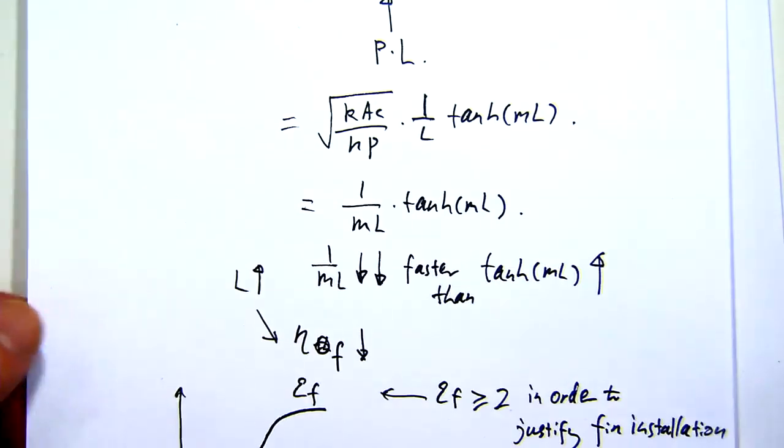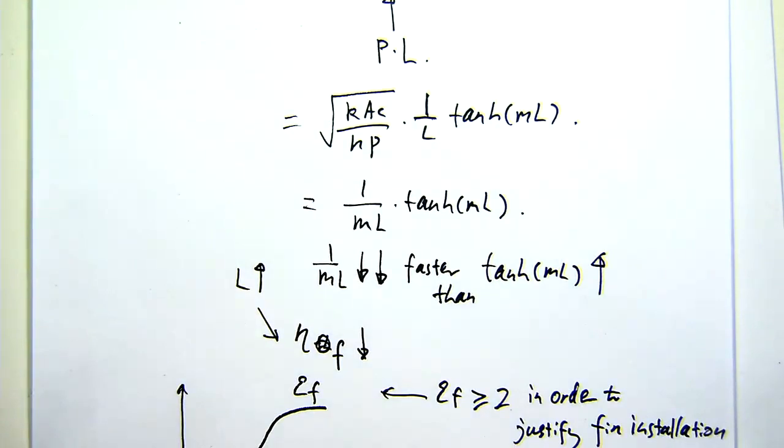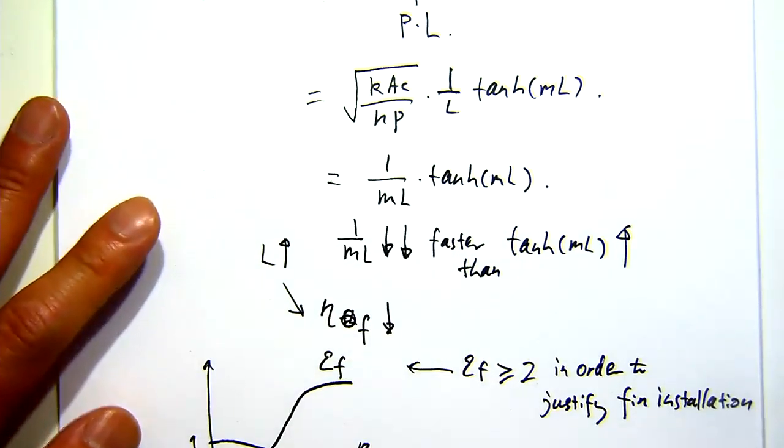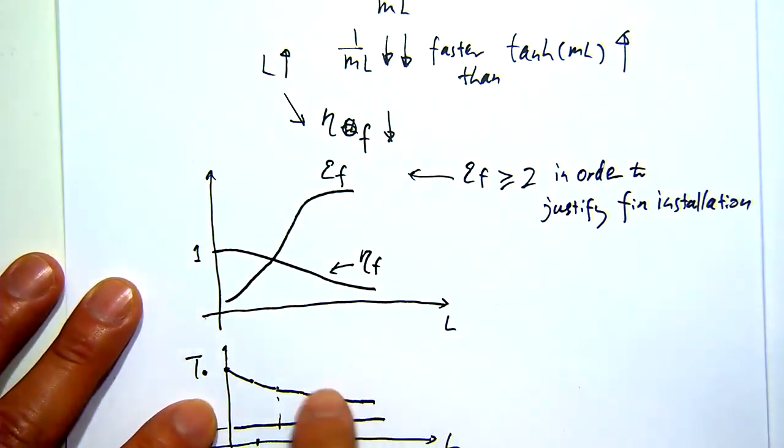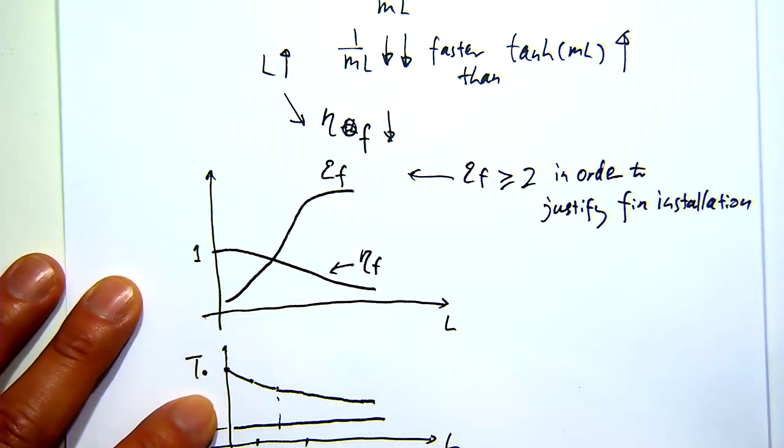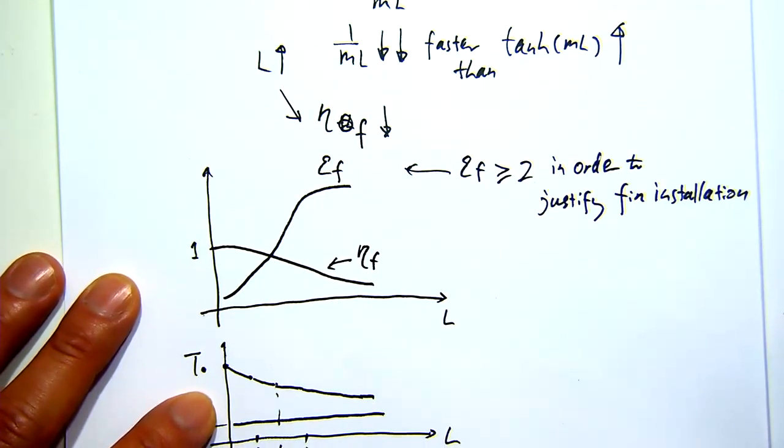One thing I shouldn't forget here is that because the fin efficiency will decrease along the length, you do not want to use a single fin, but rather you want to use multiple short fins. Right? That's actually the case that you see in reality.